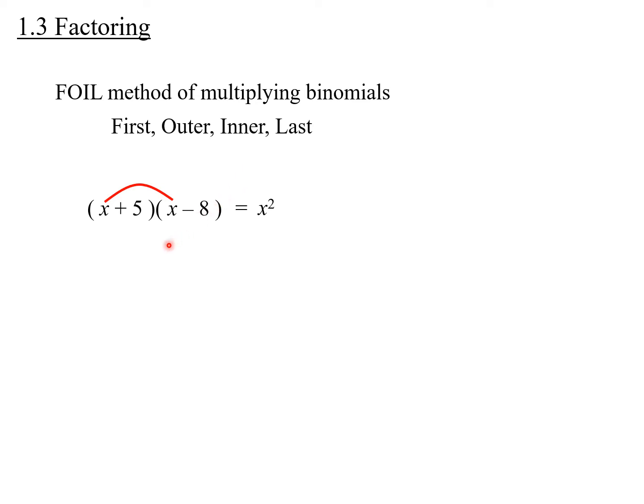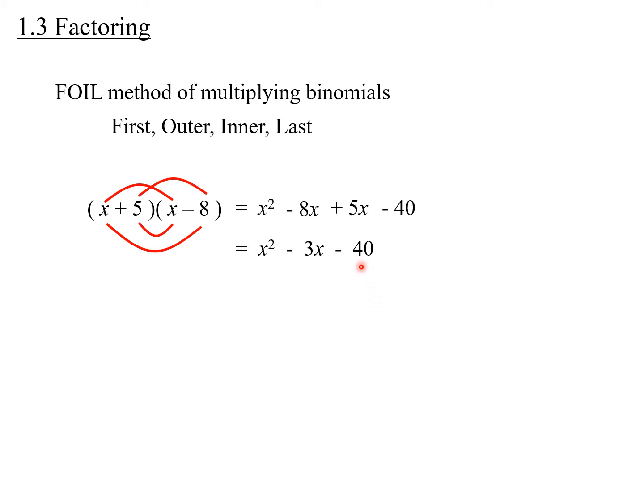Then we multiply the outer, which equals negative 8x. Then we multiply the inner terms, which multiply to positive 5x, and then the last, which multiplies to negative 40. Then we can combine like terms to get our final answer.